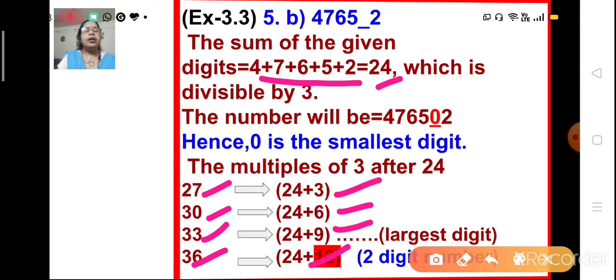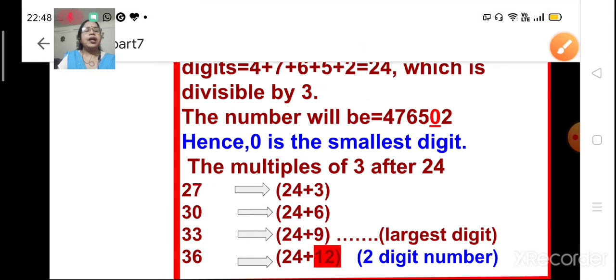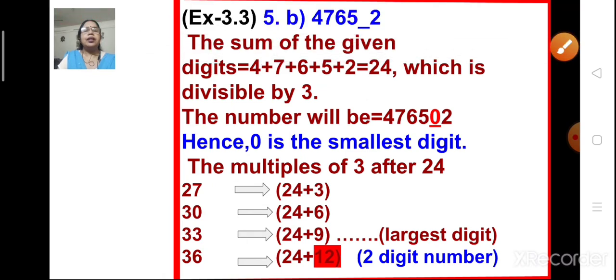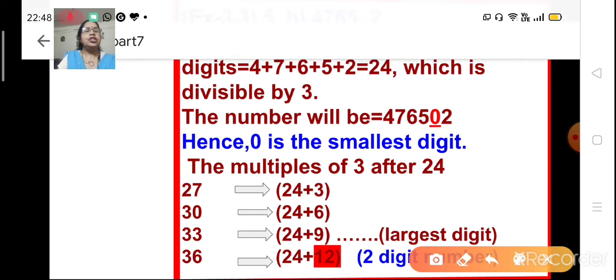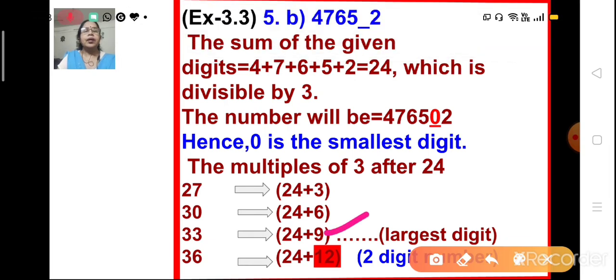We cannot take a 2-digit number here in the blank. We have to take a single digit. So which will be the largest digit to be filled in the blank? It will be 9, because for the next multiple we have to fill the blank with 12 and we cannot take a double digit.